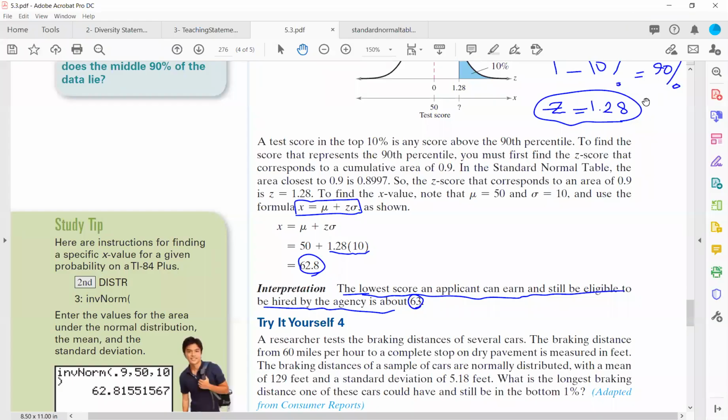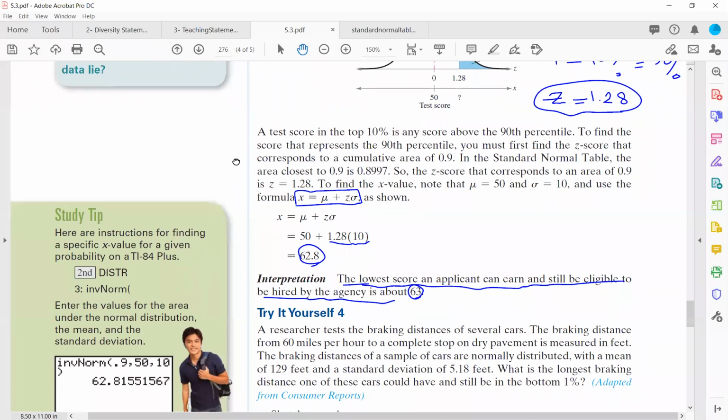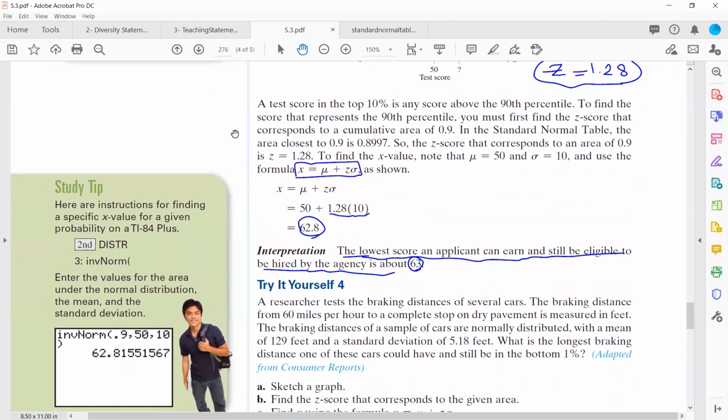Now, how do we use our calculator to find the z value? By using the TI-84, go to second, distribution, and find inverse norm.